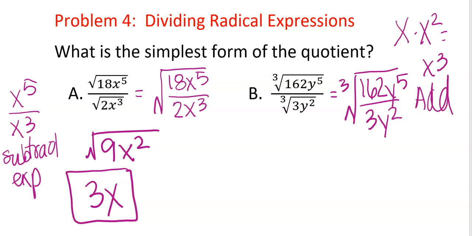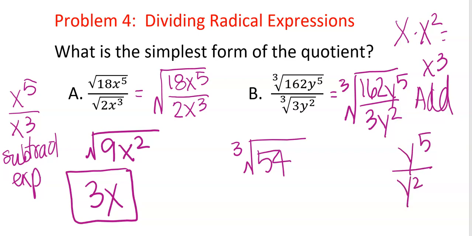So we're going to divide 162 divided by 3, and you get 54. And then what do I do with my exponents again when I put these together? Subtract. So I'm going to just write that equals y to the 5 minus 2. So you get a y cubed.